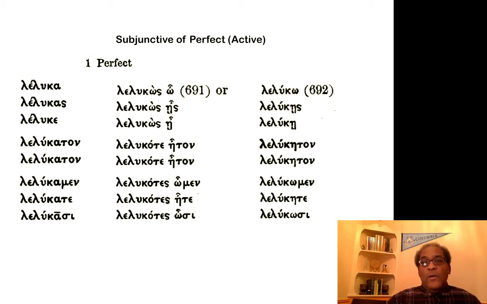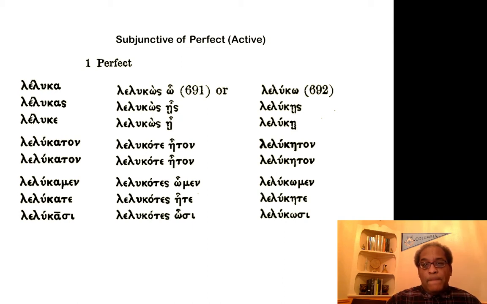In the middle, what you have is an alternative, called the periphrastic formation, where you use the active participle of the perfect, which we haven't learned yet, and combine that with the subjunctive forms of the verb to be, eimi, and then you get lelukos o, lelukos es, etc. These are still very recognizable.